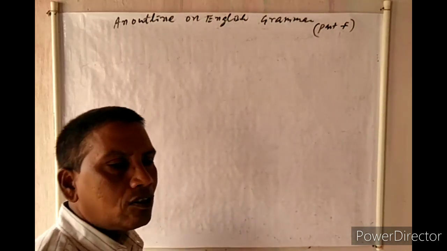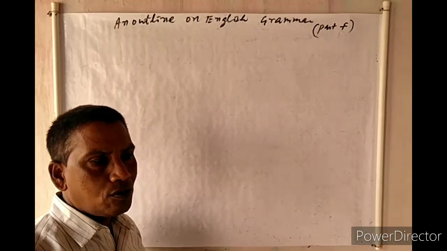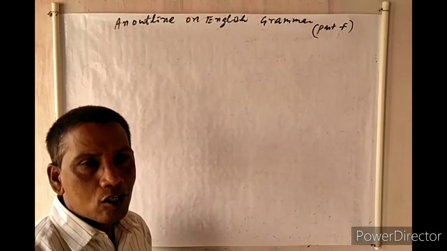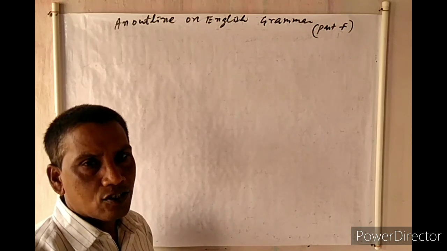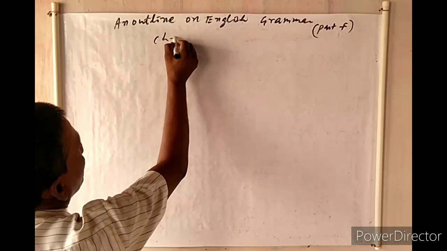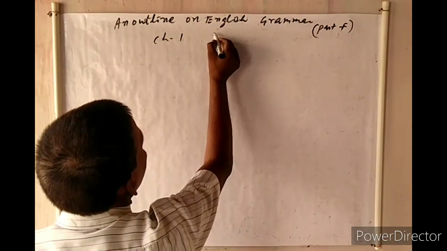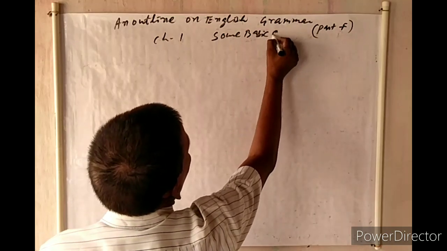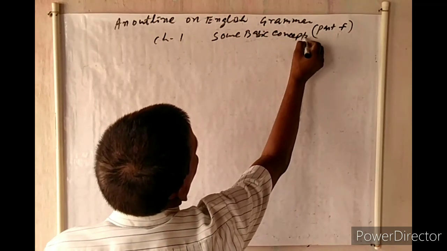In part E we had discussed preposition and conjunction, and the last part of speech, interjection, is left. So again, it is chapter number 1, some basic concepts.